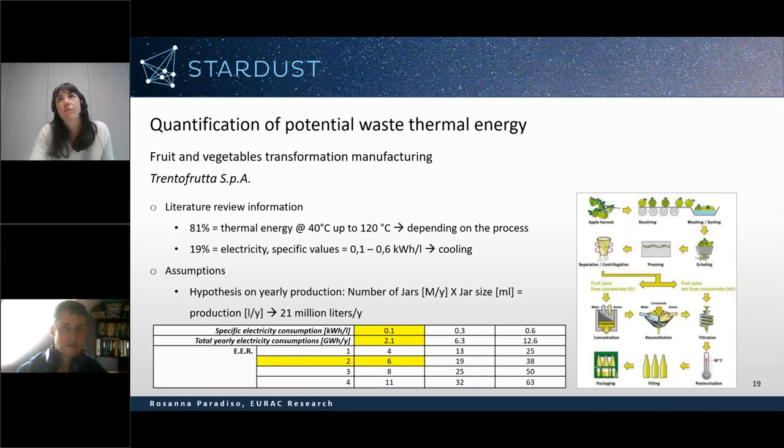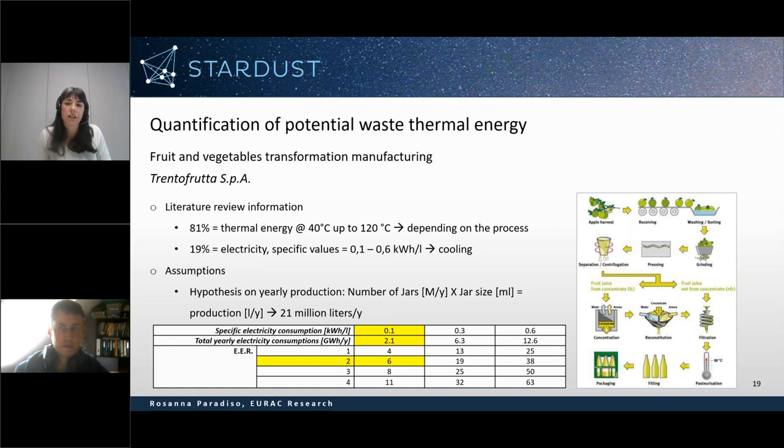So thermal energy would be directly available for waste heat recovery, but we couldn't take this into consideration for our analysis, because it really depends on the process, and we needed more detailed information.